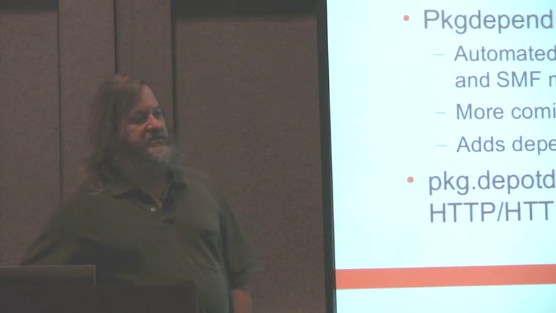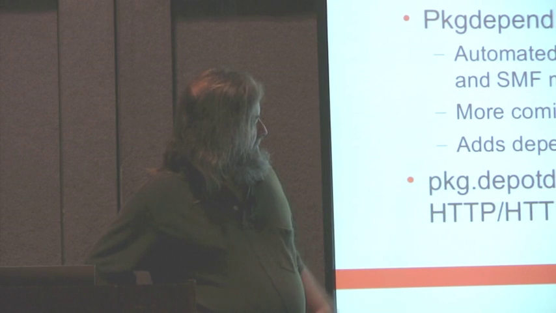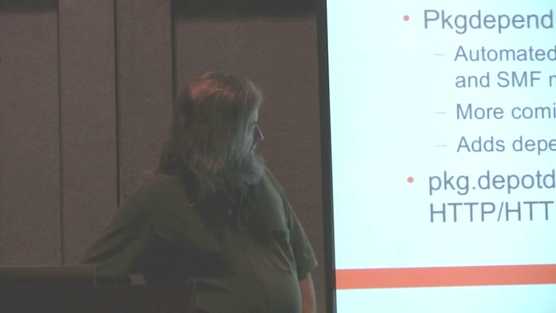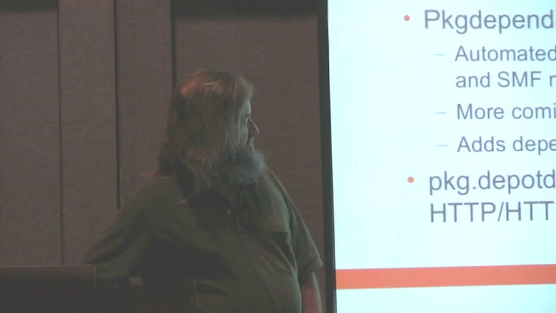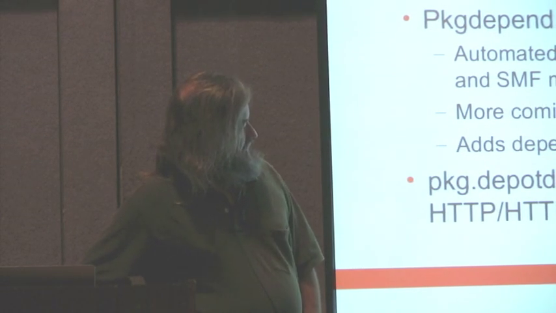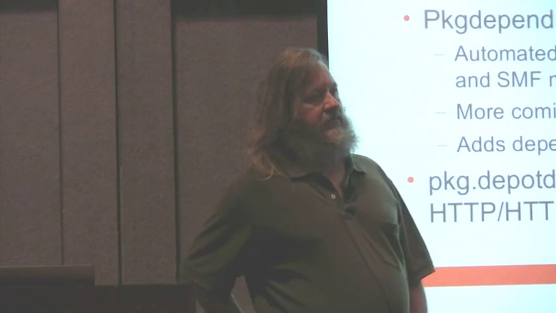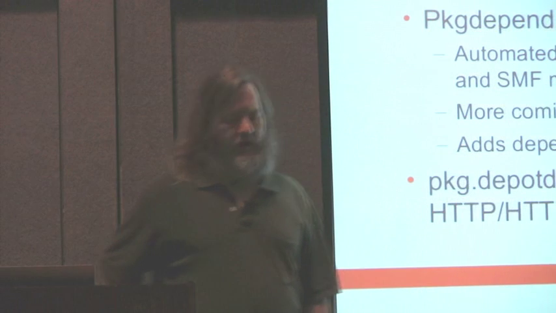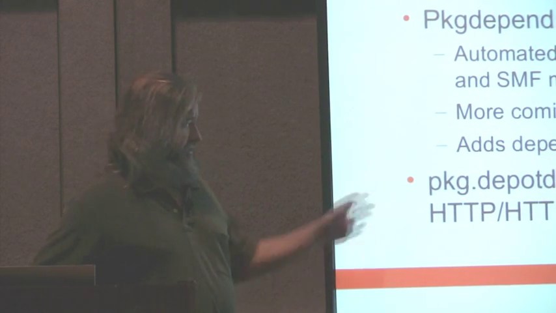Okay, and the last thing is package.depotd, which is a packaging repository that we use to serve things. Its true function is search and building. It provides search services and builds the search archives. If you don't need those particular capabilities, file repositories are much faster than going through this.